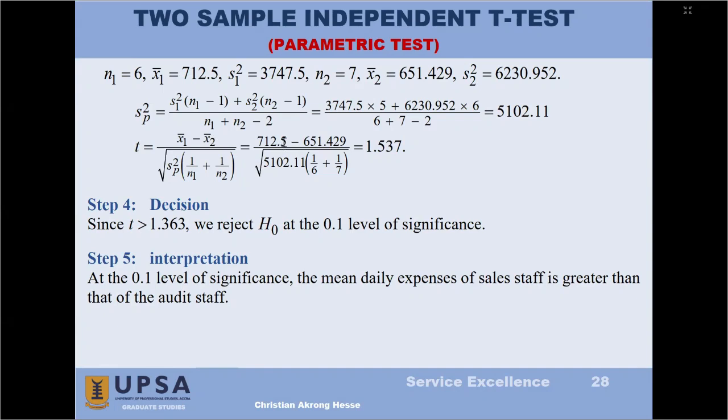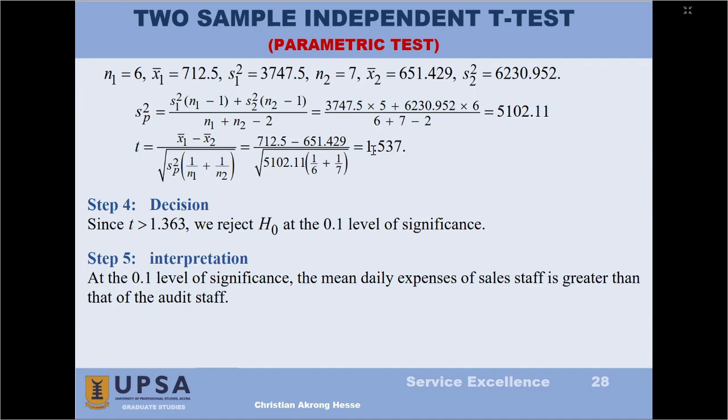So 712.5 minus 651.429 divided by the pooled variance, 1 over the sample size of the sales staff, plus 1 over the sample size of the audit staff.